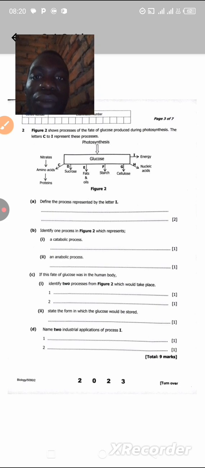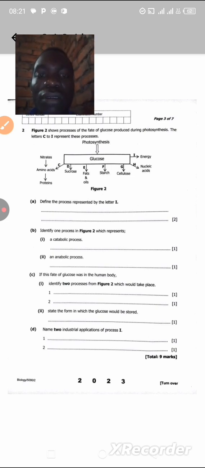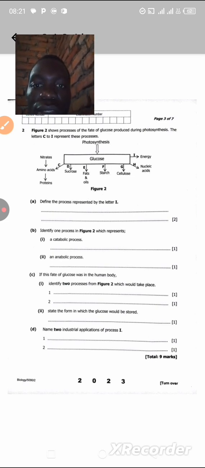So if you look at those above, which one leads to breaking down? I think there is no other than I, which is respiration, because you break down glucose in order to have energy.